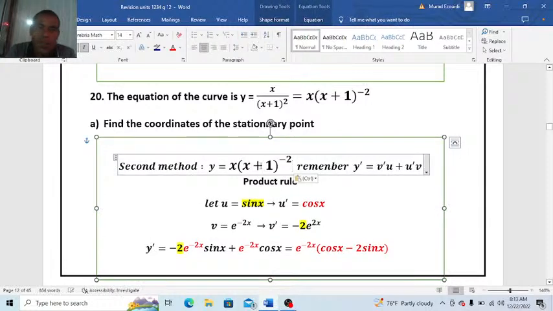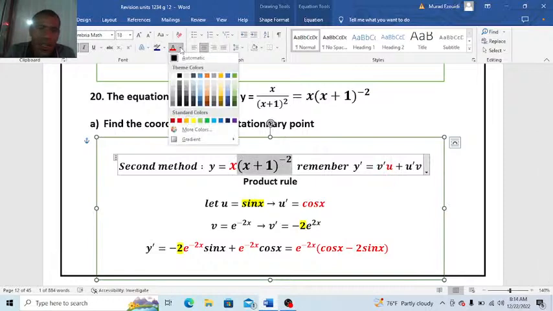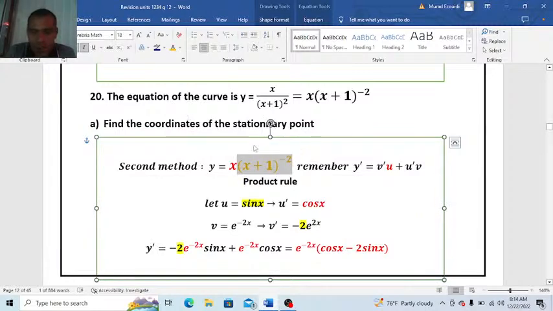Now remember, if y equals u multiplied by v, here u is x, and v is (x plus 1) to the power negative 2.